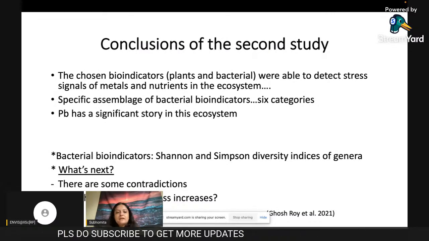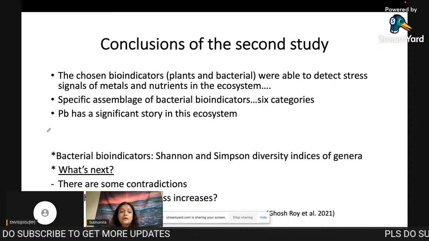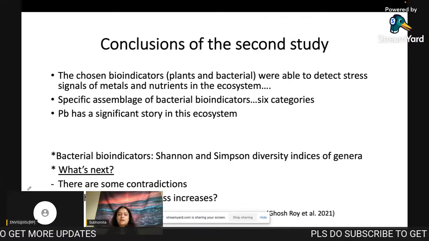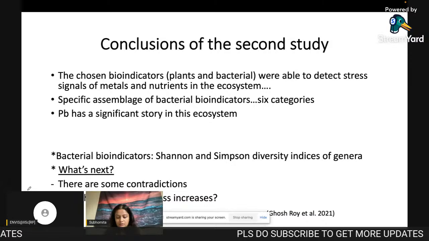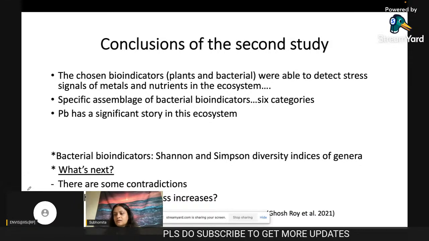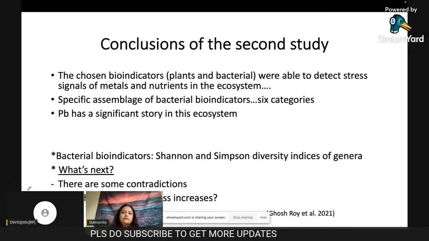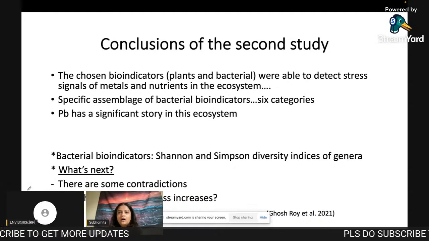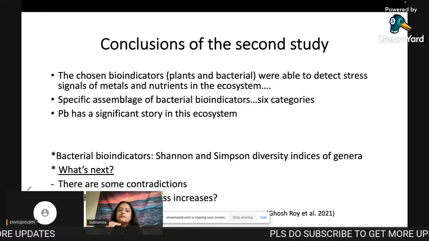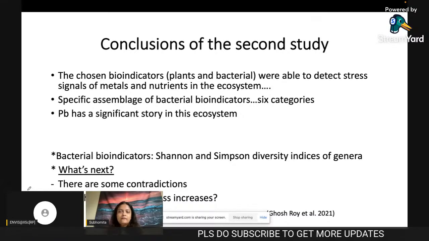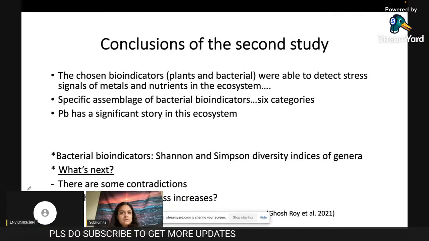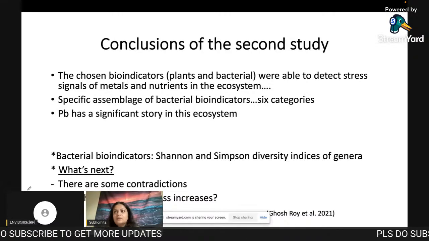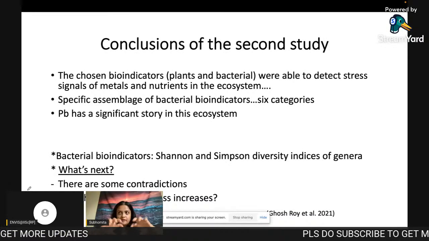We found some specific types also, and what we found out is that lead has a very significant story in this particular ecosystem. Although there are some contradictions to the results. Firstly, even if we are using the same stress factor, different indicators respond to it a little bit differently. For example, root and stem can be different, or different diversity indices can react differently, which is also not unusual because there are different parameters.